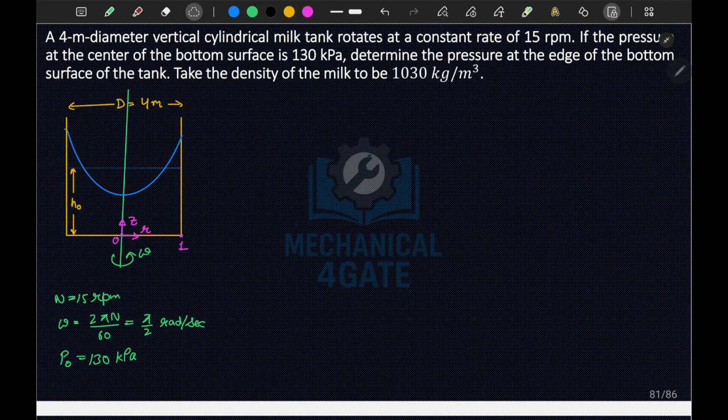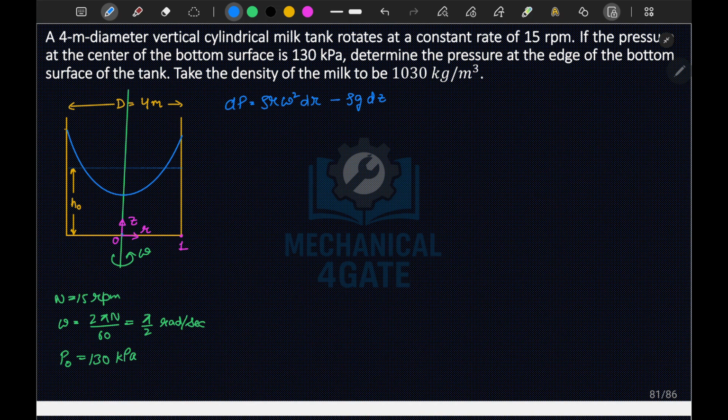Now we have to calculate the pressure. So for pressure calculation, we have to move to our most basic equation, that is dP is equal to rho r omega square dr minus rho g dz.